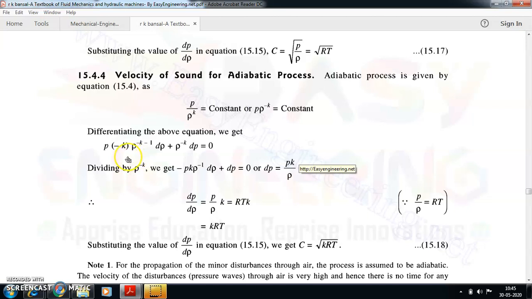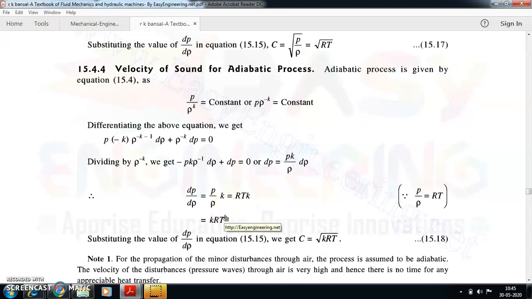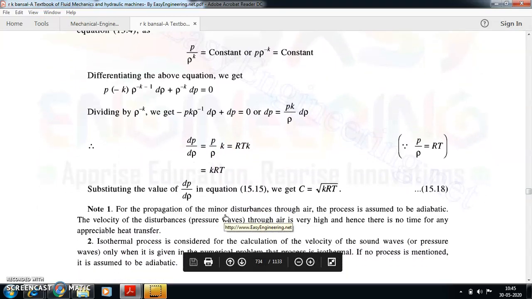Dividing this equation by rho to the power of minus k, we get minus p k rho to the power of minus 1 d rho plus dp is equal to 0. I can write this in terms of dp by d rho, which will be p by rho into k. P by rho is equal to rt from the equation of state. So finally dp by d rho will be equal to krt.